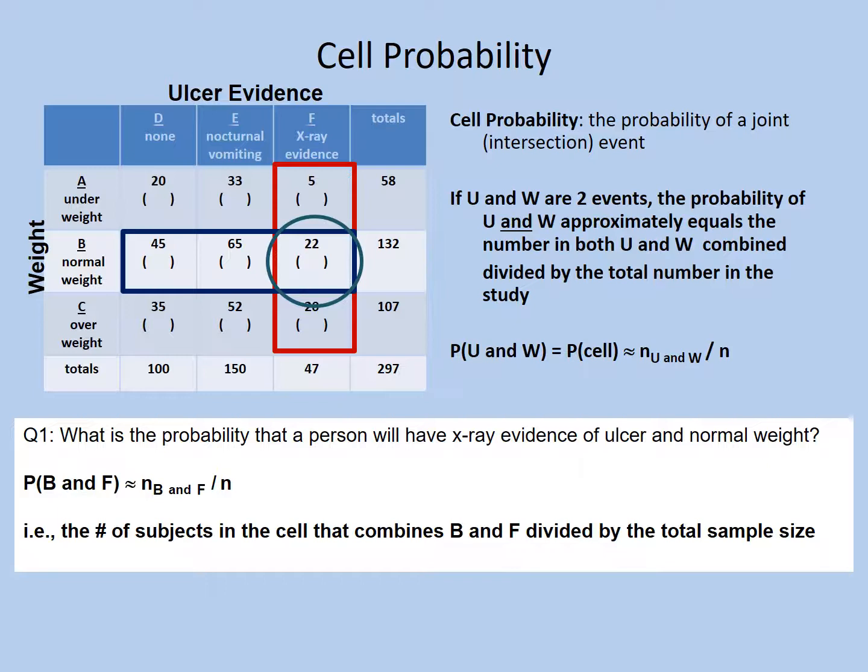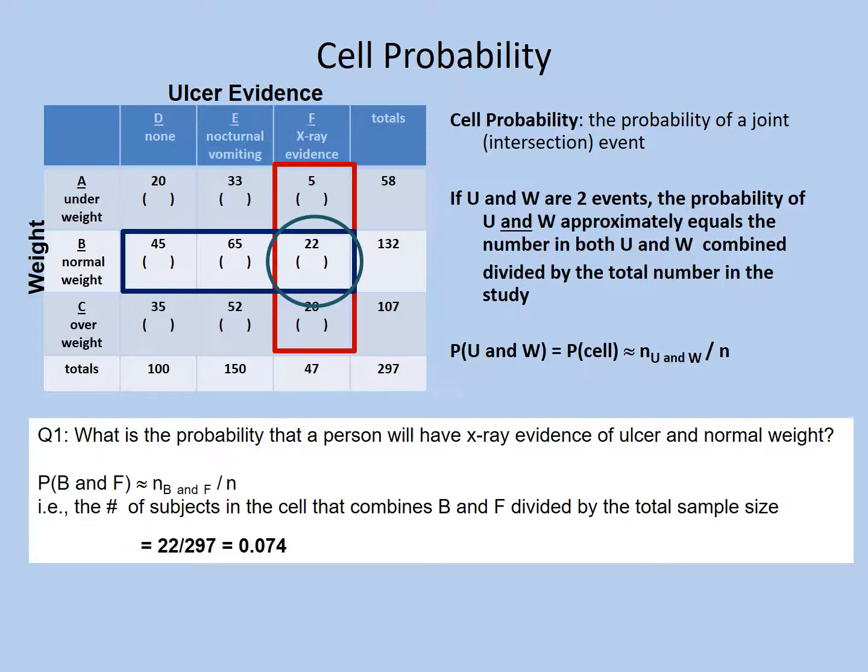This probability is estimated by the number in B and F divided by N. That is, the number of subjects in the cell that combines B and F divided by the total sample size. Since there are 22 people in the cell that combines the events B and F, our answer for this probability is 22 divided by 297, which equals 0.074.